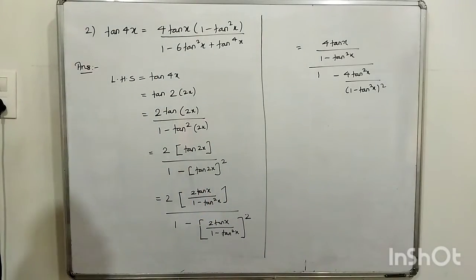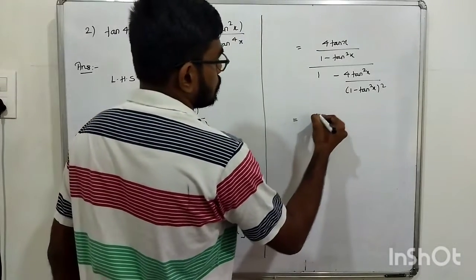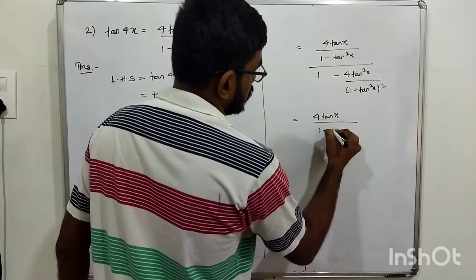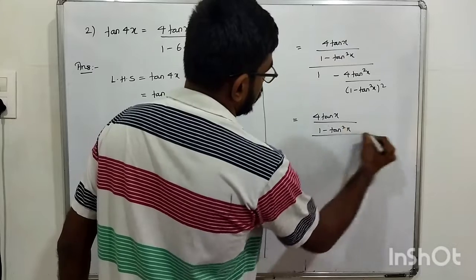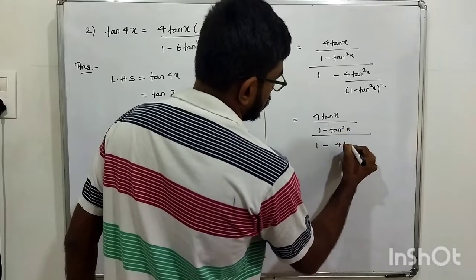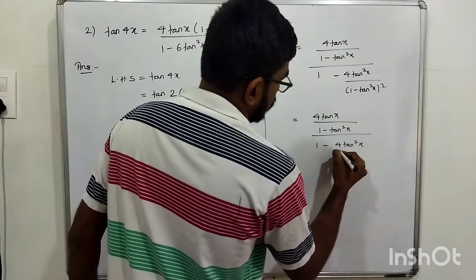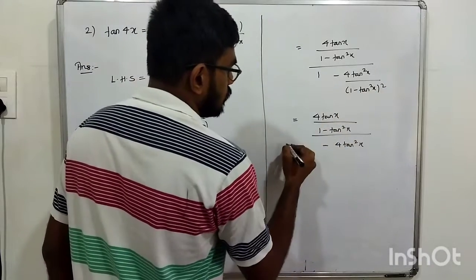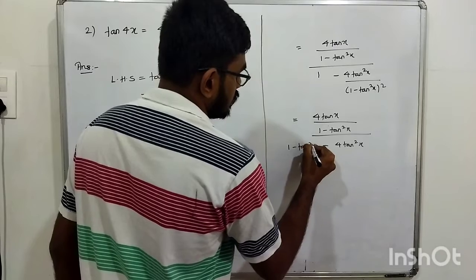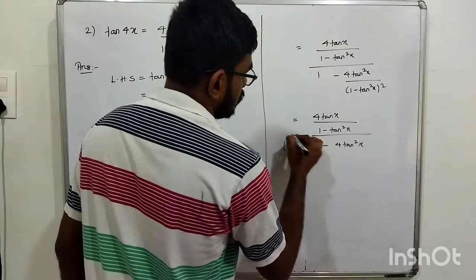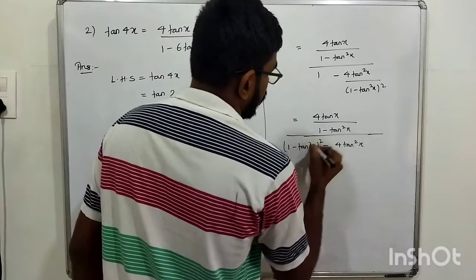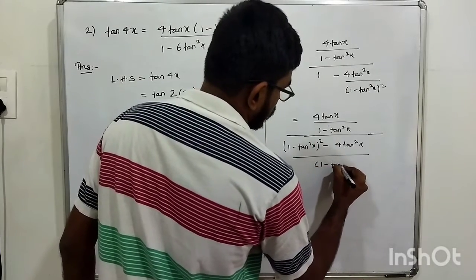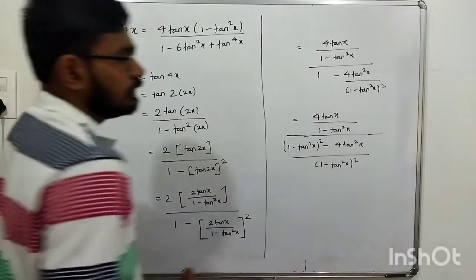So now simplify this. Numerator 4 tan x upon 1 minus tan square x, and the denominator 1 minus 4 tan square x upon 1 minus tan square x. So I can cross multiply this with this, so 1 minus tan square x whole square upon again 1 minus tan square x the whole square. Now just simplify this.